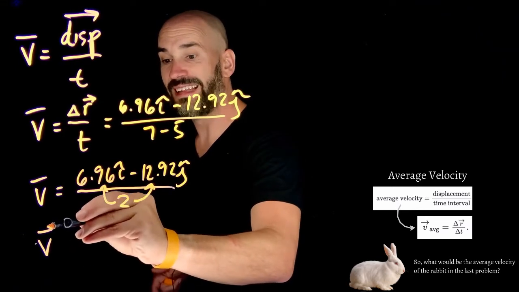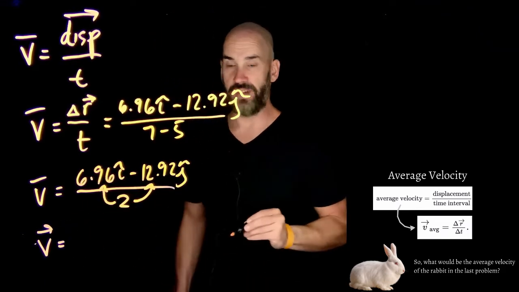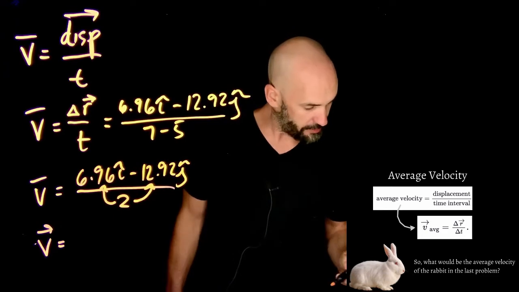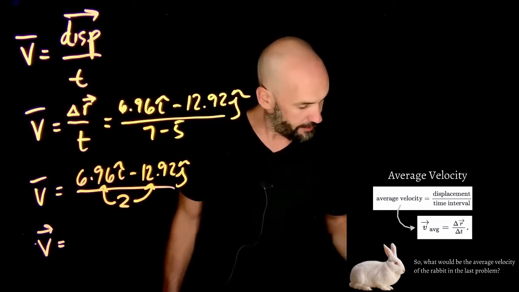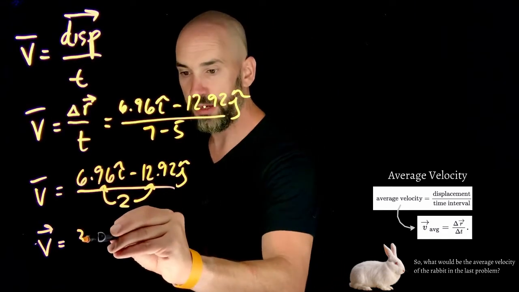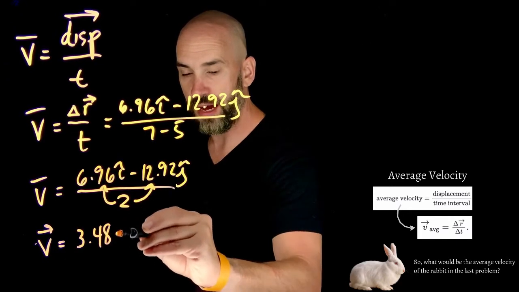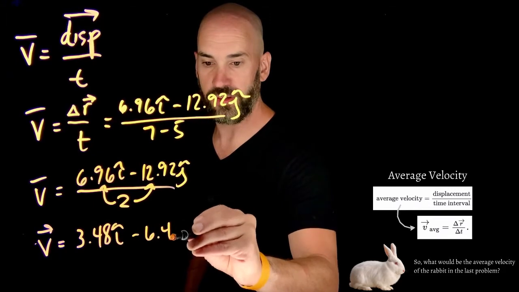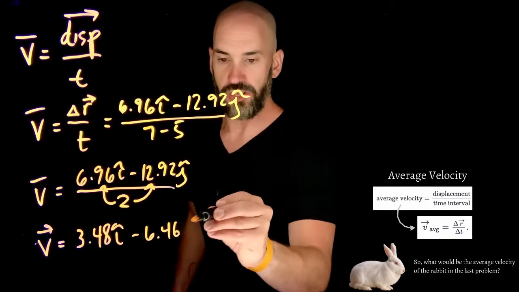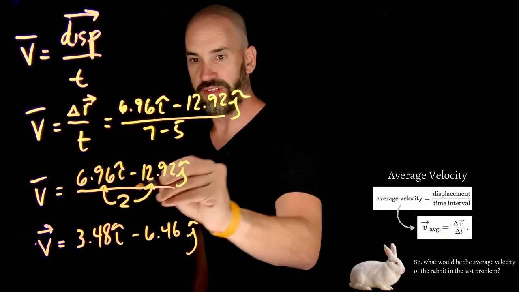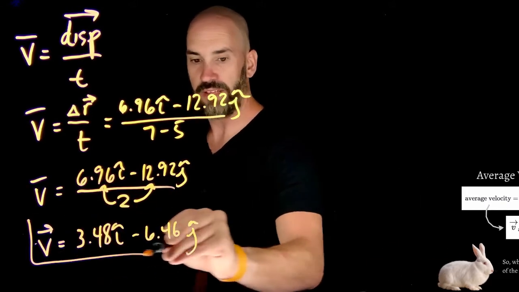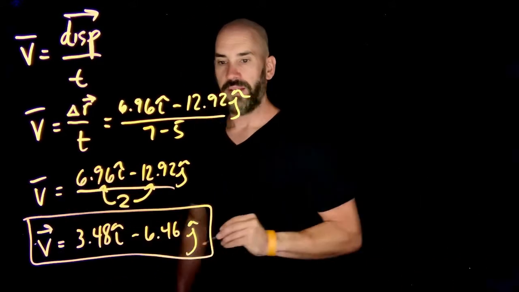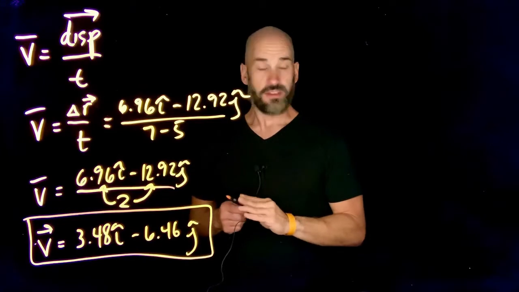And so my average velocity vector is going to be 3.48 i minus 6.46 j, which is just both of these divided by 2. And now I have a velocity vector. Does that make sense?